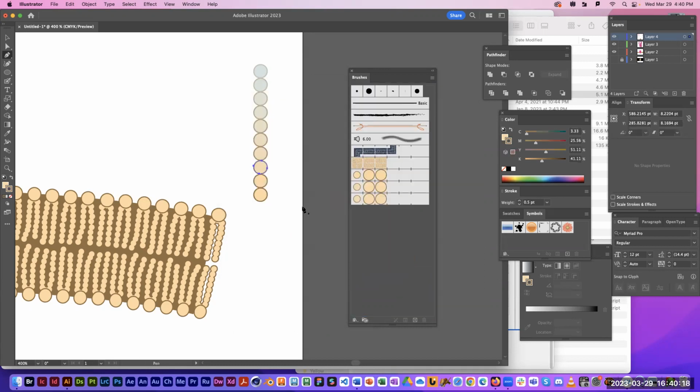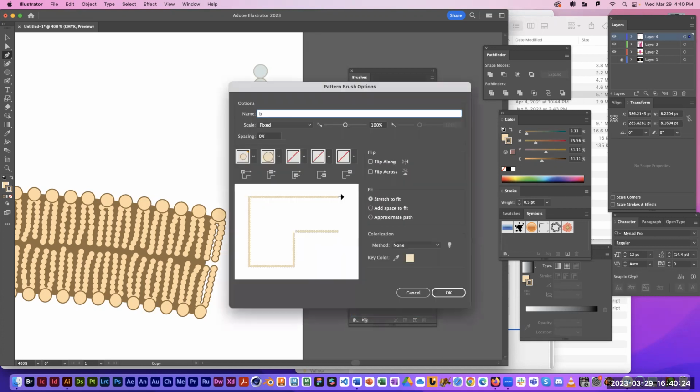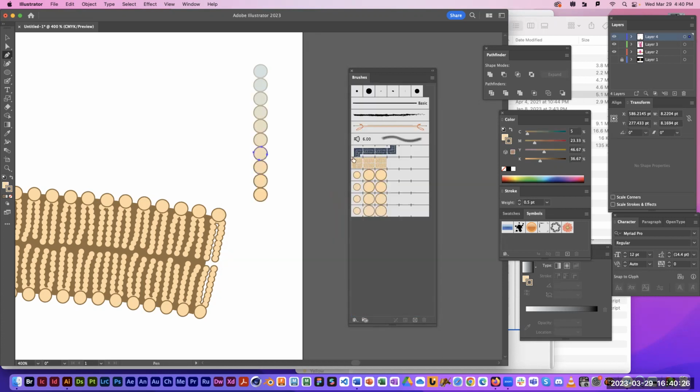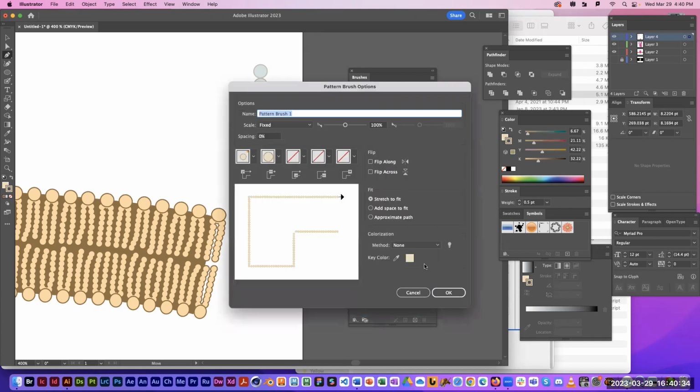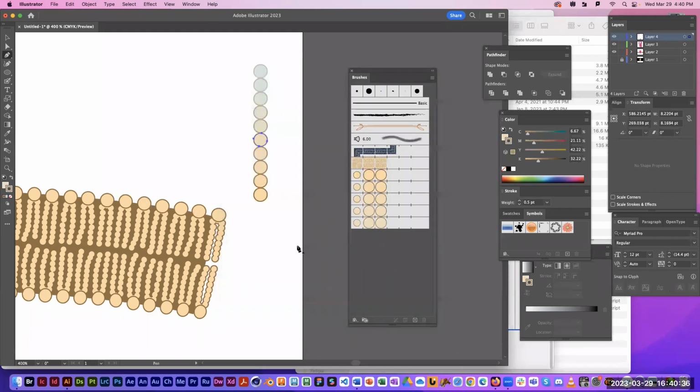Ball 3. And once again, I'm not going to do them all. Five.